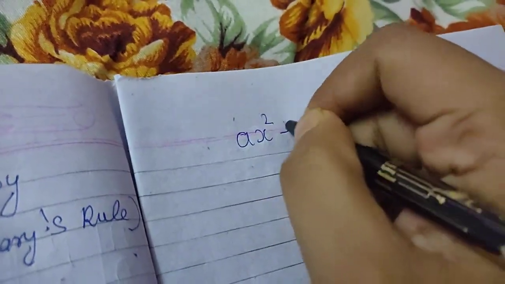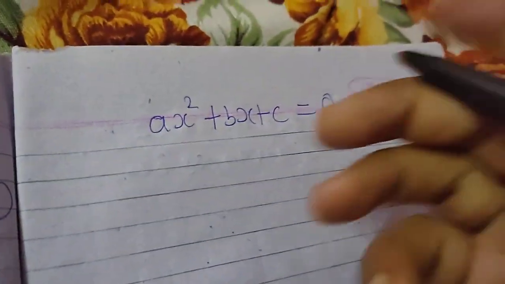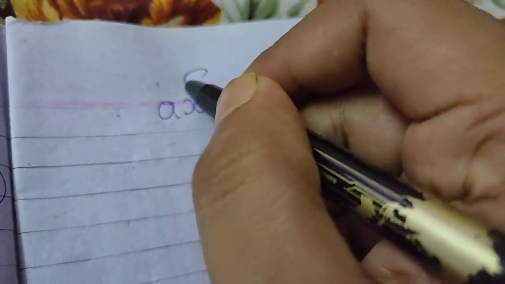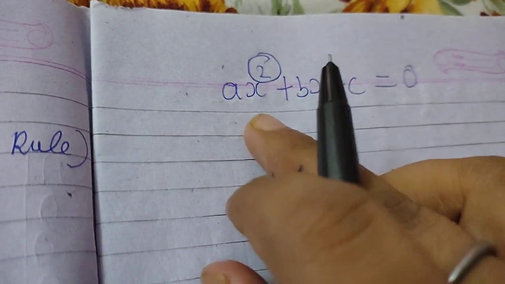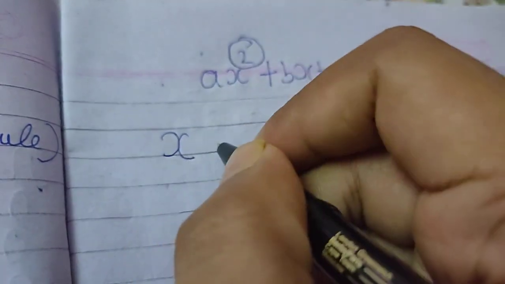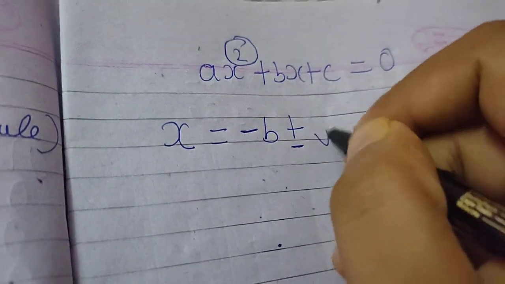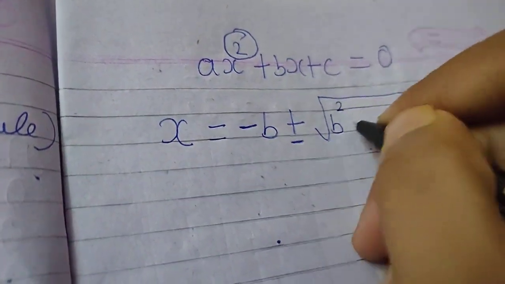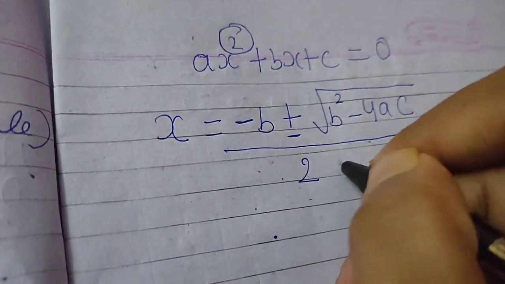Now the Sridharacharya formula. What is the Sridharacharya formula? It is a very important formula. You know that if the power is 2, this equation has maximum 2 solutions. We can write x is equal to minus b plus minus under root b square minus 4ac upon 2a.